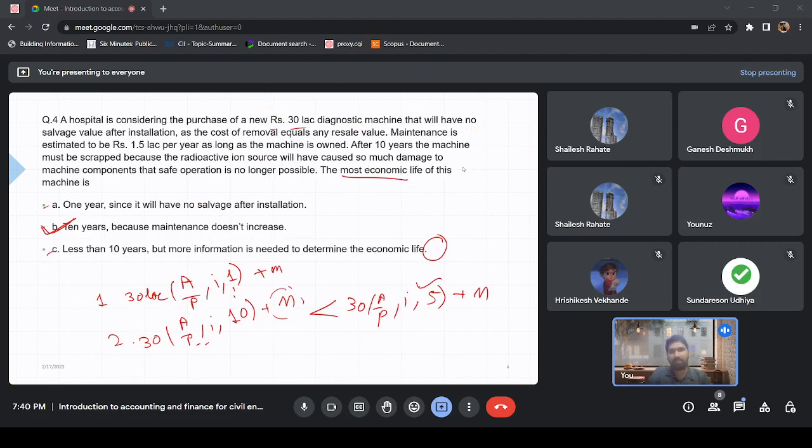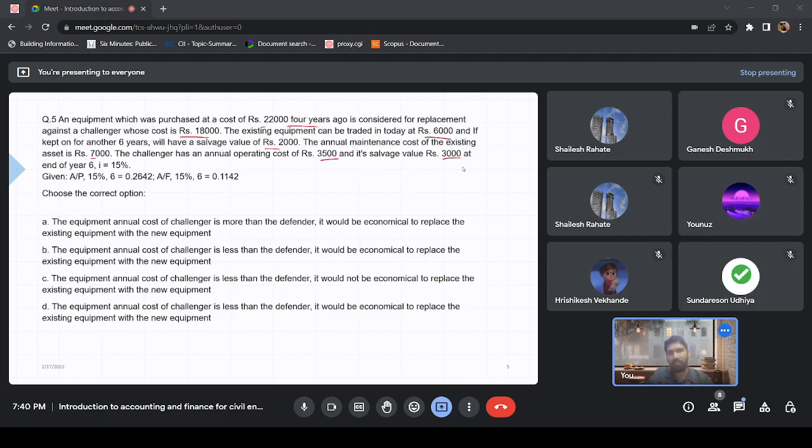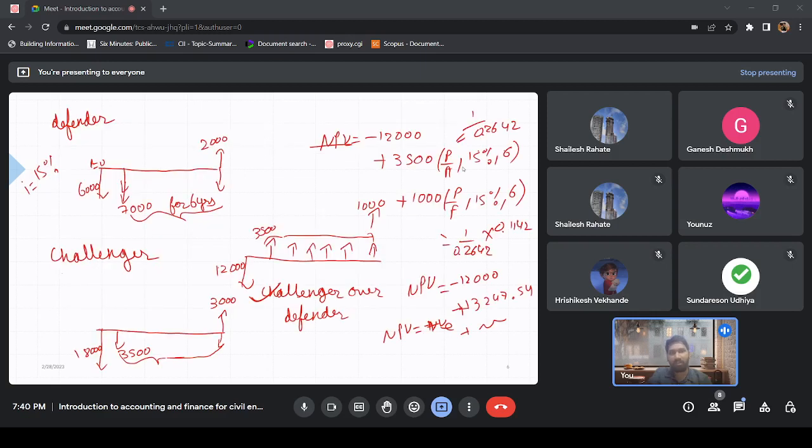This question was about determining the most economic life of the machine. The determining factor was the difference in the annual maintenance cost. It can be annual maintenance cost or running cost or anything, the risk attached to it. If there is a change in annual cost, then we need to go for further calculations. We did all the calculations, and I left it for you guys.